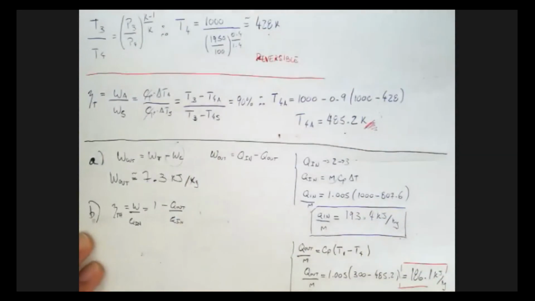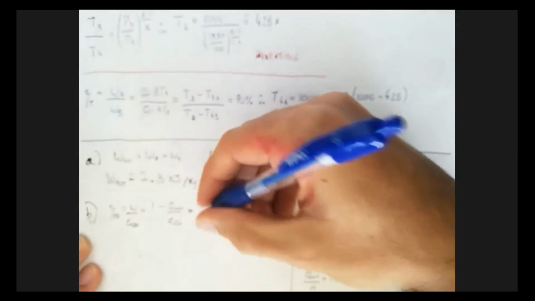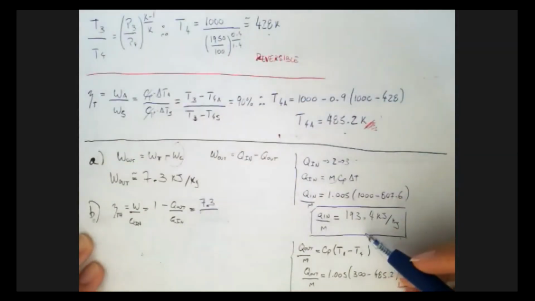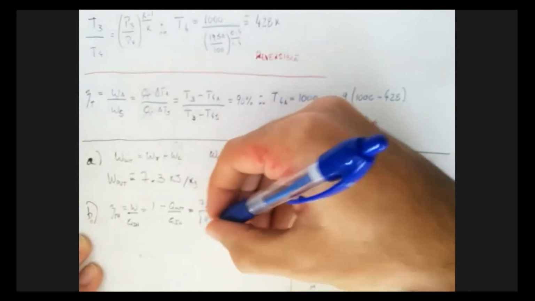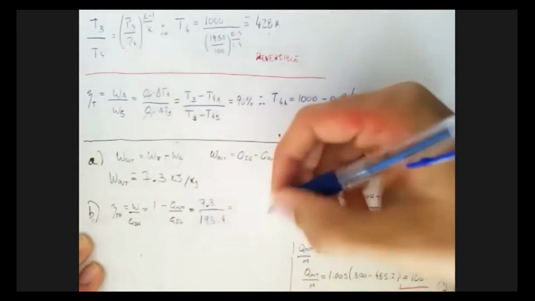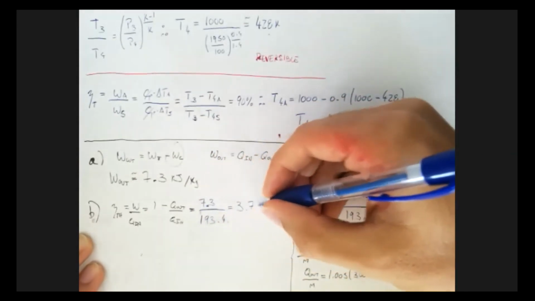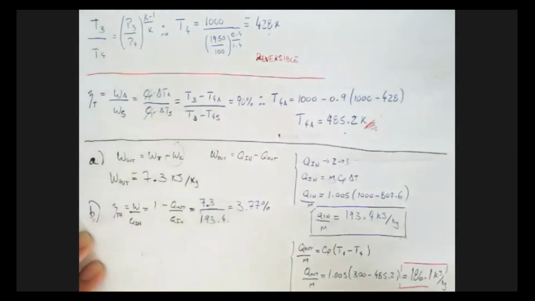So 7.3 kilojoules per kilogram divided by 193.4 kilojoules per kilogram. Units are the same, so they go away. And we're left with 3.77, right? So it's a horrible, horrible performance out of this Brayton cycle.